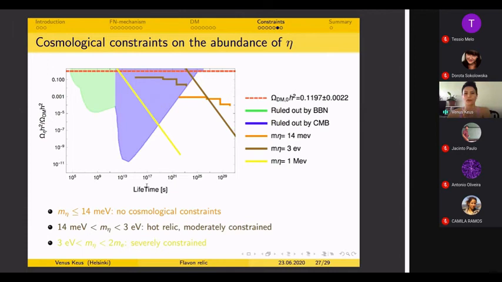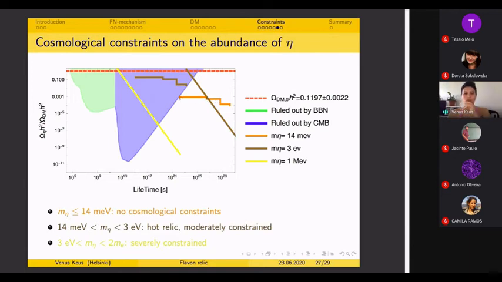So you don't see the explicit dependence on the VEV of the flavon in this plot, but by looking at the step-like function, you know which flavon VEV window this region is.